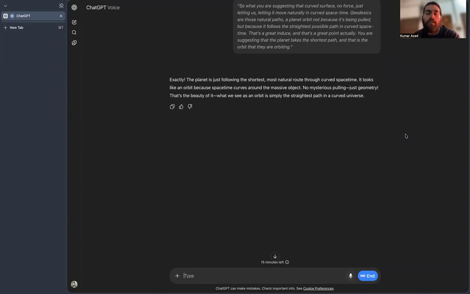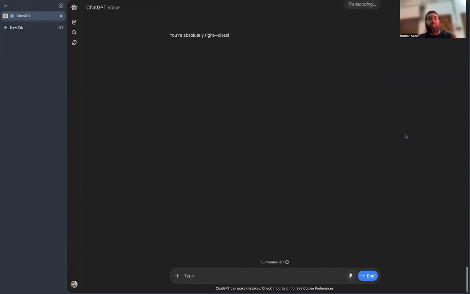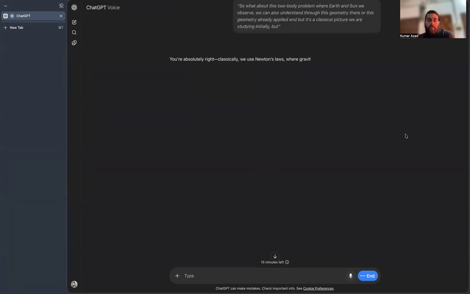So, what about this two-body problem where we observe the Earth and Sun? We can also understand it through this geometry, though it's a classical picture we are studying initially. You're absolutely right. Classically, we use Newton's laws, where gravity is a force pulling on Earth.